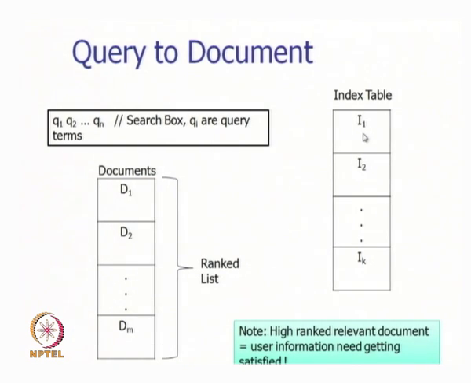This index table contains the terms which point to a list of documents with respect to each term. For example, the word could be Taj Mahal, and all the documents which contain the word Taj Mahal are linked to this cell of the index table, in a linked list fashion.